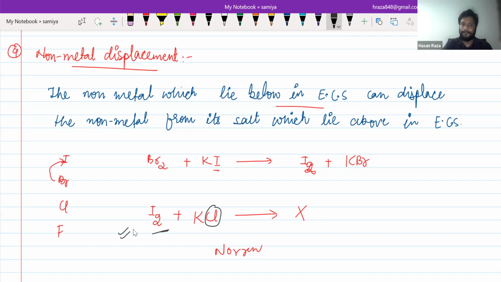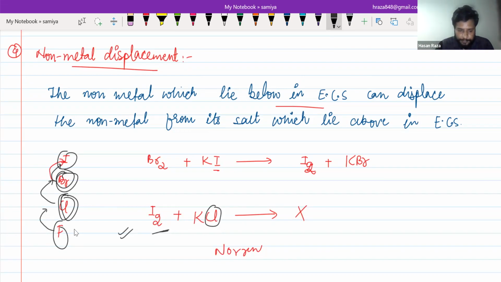Is that clear? Bromine can displace iodine, chlorine can displace both bromine and iodine, fluorine can displace all three: chlorine, bromine, iodine. But iodine cannot displace bromine. Bromine cannot displace chlorine. Chlorine cannot displace fluorine.